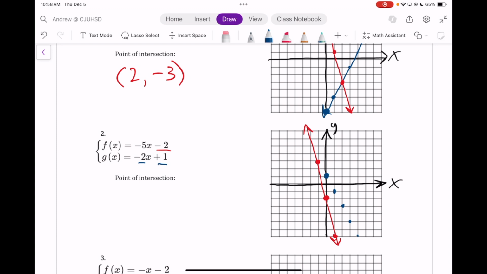I need to go up 2 and left 1, and there's my point of intersection at -1, 3. Let's do a few more, finish out the line. Okay, so these are very close together, but we have our point of intersection. Right here at -1, 3.